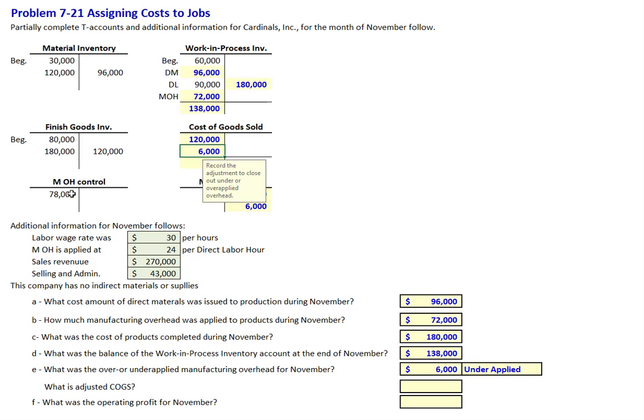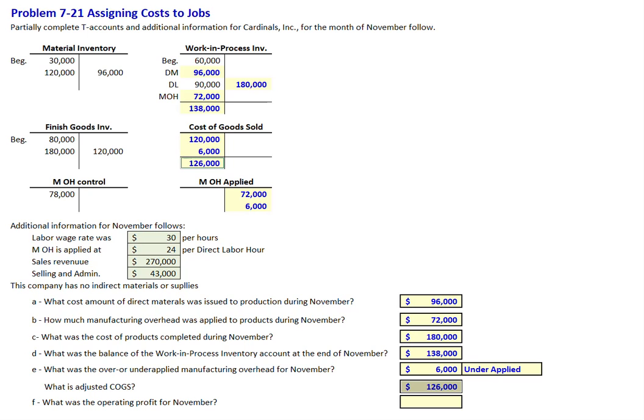And again, the thought is actual overhead was 78, we applied 72, that meant work in process was too low by 6, finished goods is too low by 6, which ultimately means cost of goods sold is too low by 6. Which means then our adjusted cost of goods sold will be $126,000.